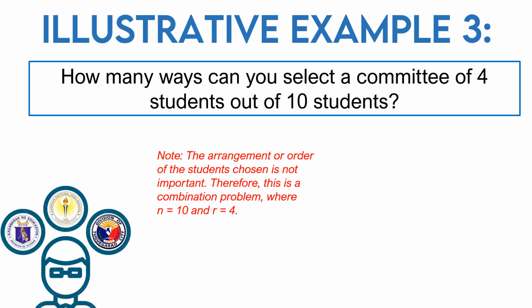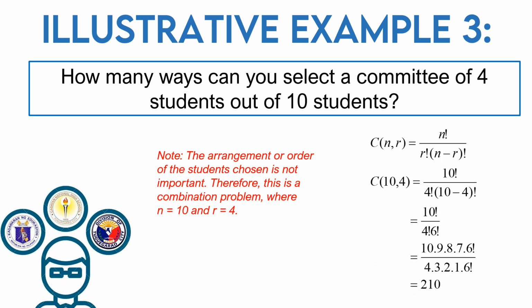So to solve the problem, we use the formula. Combination of n objects taken r at a time is given by n factorial over r factorial times n minus r factorial. That gives us 10 factorial all over 4 factorial times 10 minus 4 factorial, which simplifies to 10 factorial over 4 factorial times 6 factorial.